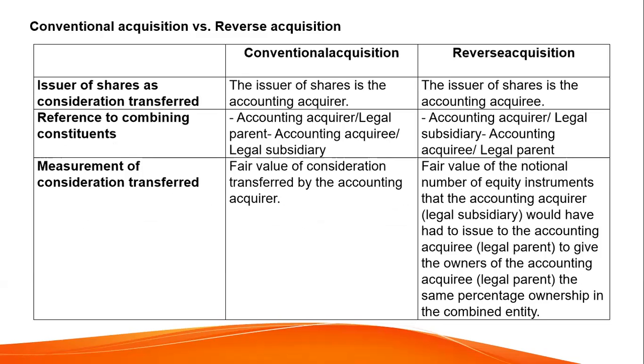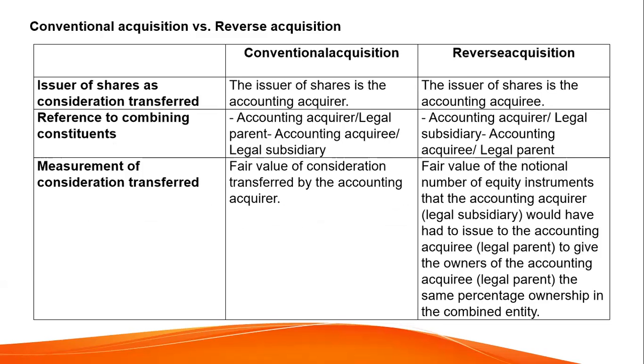Now, conventional acquisition versus reverse acquisition. We have the conventional and the reverse. The issuer of the shares as consideration transferred: in conventional, the issuer of the shares is the accounting acquirer. In reverse, the issuer of the shares is the accounting acquiree.